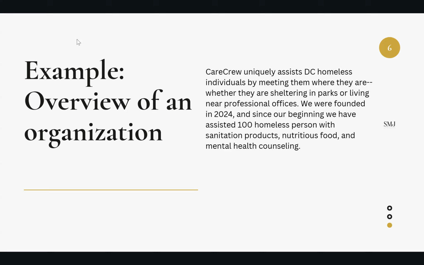You also share some of your impact over the years. You have helped 100 homeless persons. This is very specific. It's not general. It gets the reader of your grant application to truly see that you are making a difference in your community.